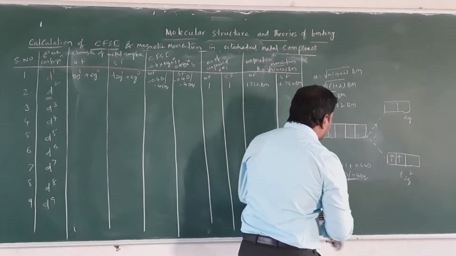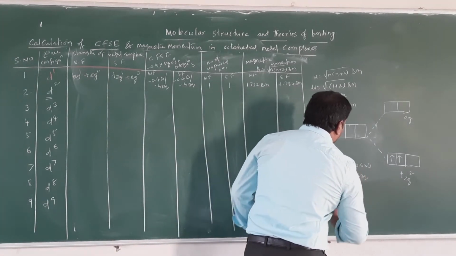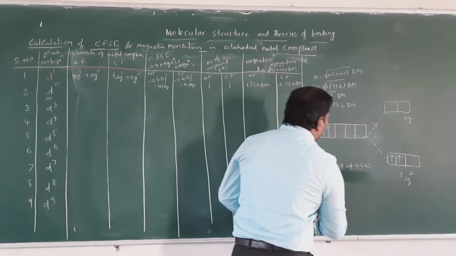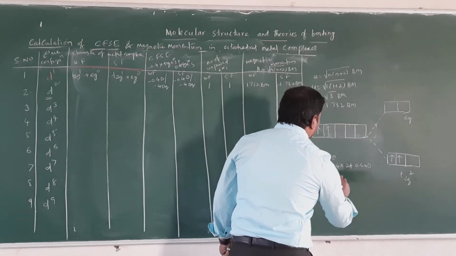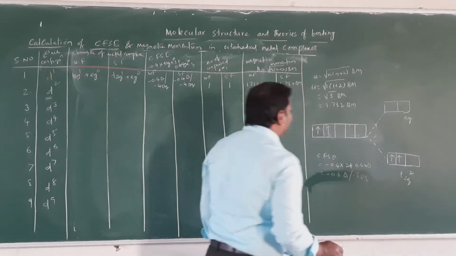Therefore the CFSE value is minus 0.4 into 2, which is minus 0.8 delta or minus 8 Dq. Clear, student?